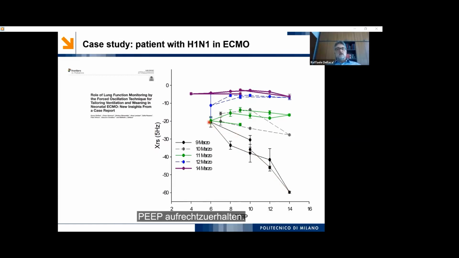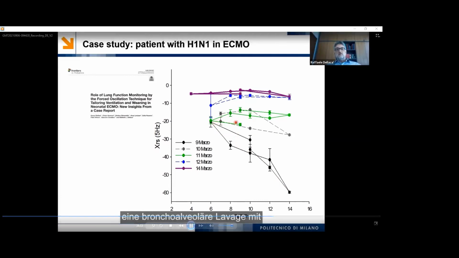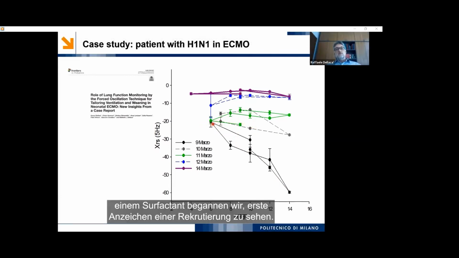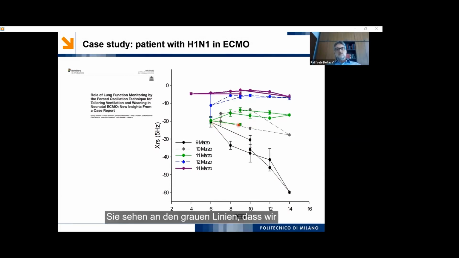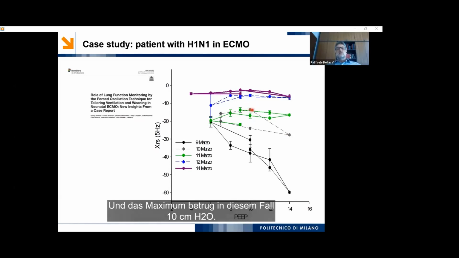After 1 day and some treatment with bronchoalveolar lavage and surfactant, we were able to start to see first signs of recruitment. You can see for the gray lines that we had an increasing and decreasing trial showing that the decreasing limb was providing higher values for reactance, and the maximum in this case was at 10 centimeters of water.